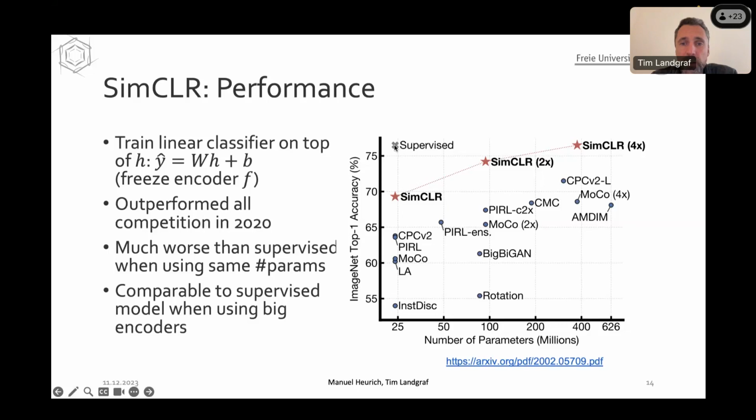The supervised model, whatever that was, only needs 25 million parameters, and SimCLR in this best version approaches the performance of the supervised model, top 1 accuracy, but at the cost of having to train a model that is 40 times, oh wait, what is that? 16 times larger, yeah?